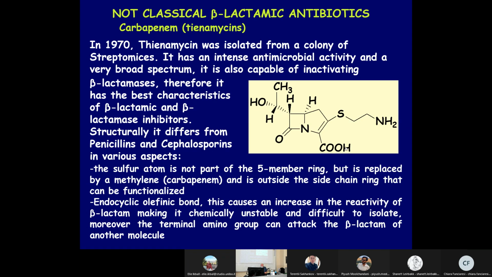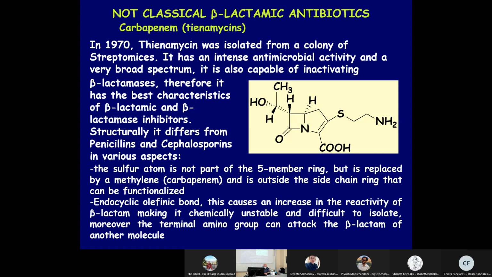Once again, you see an acidic residue here, a very simple side chain, no aromatic rings, nothing, only an alcoholic group. But please note this particular chain on the sulfur atom, a particular basic chain.